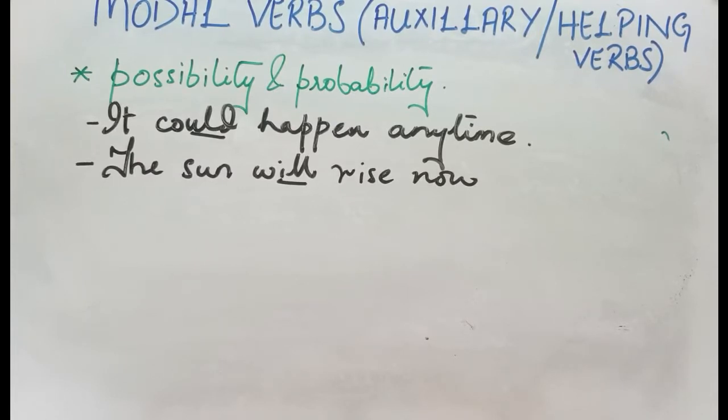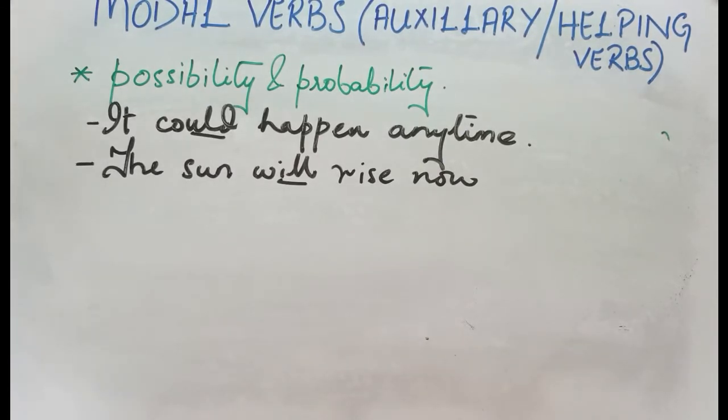So there is a chance that you will remain ill if you're not going to take proper medications. Or you could also say you will fail if you don't study. So will or could are the modal verbs that are used when there are some chances that something can happen.